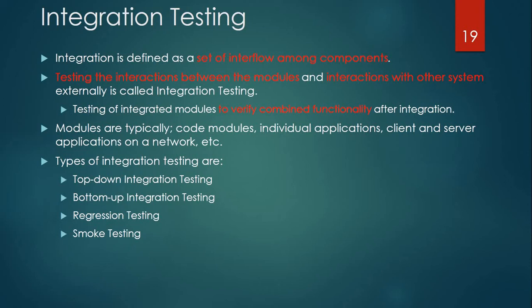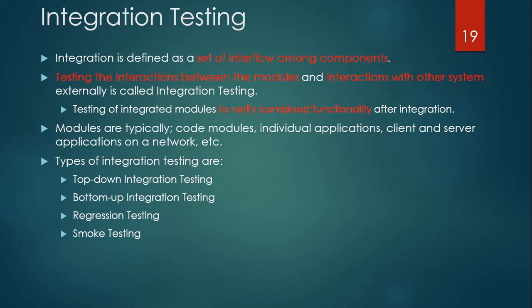It tests the integrated module to verify combined functionality after integration. Some module will take the output of another module as input, and whether the interaction between them is proper or not will be tested in integration testing.